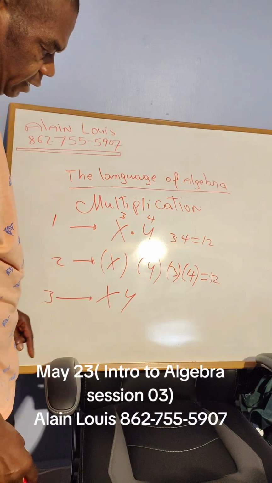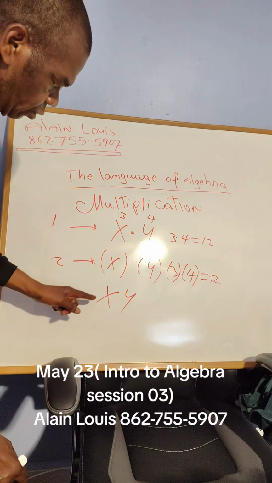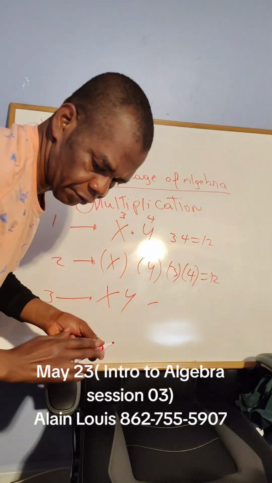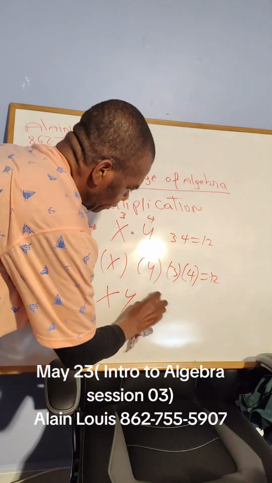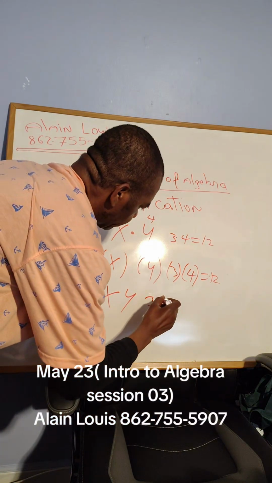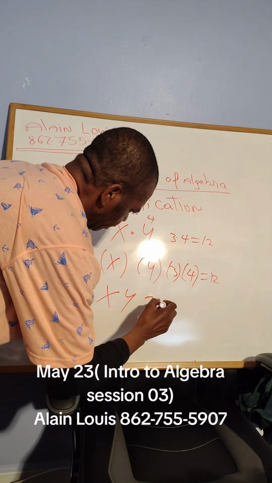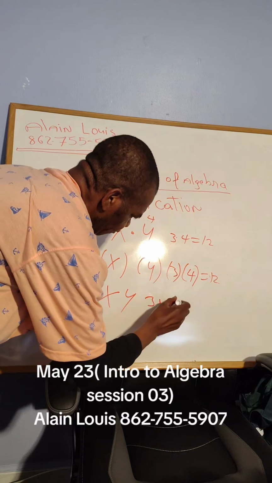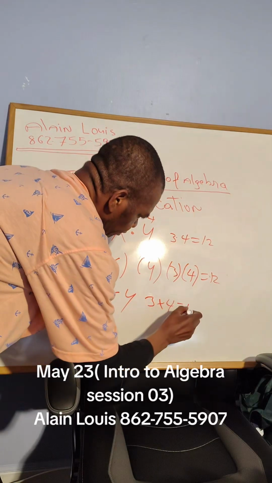X y, that's multiplication. So if x is equal to 3, and y is 4, we have to put a times, 3 times 4 is equal to 12.